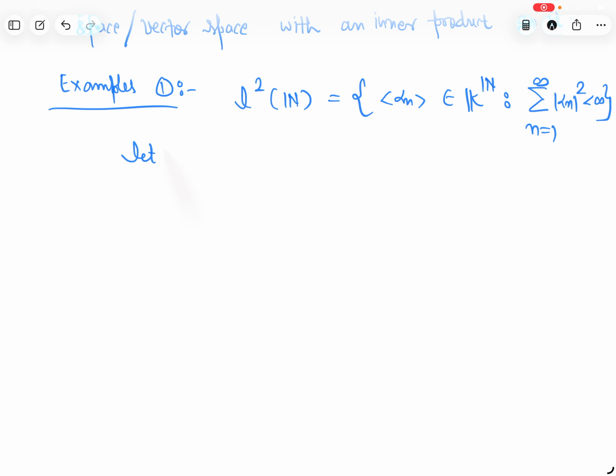So let x equal (alpha_n) and y equal (beta_n), two sequences I'm taking from l2(N). Then I am defining the inner product in this way.